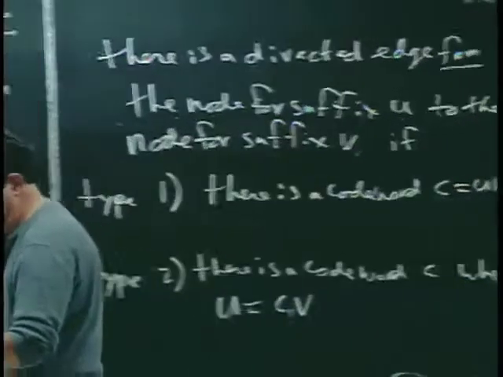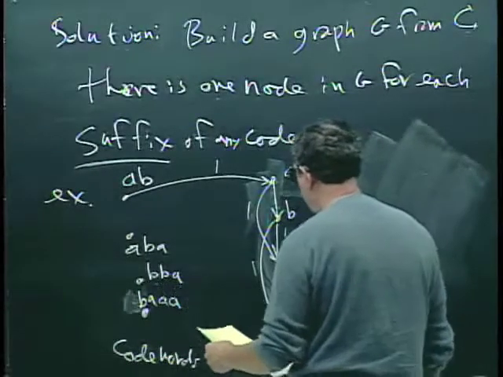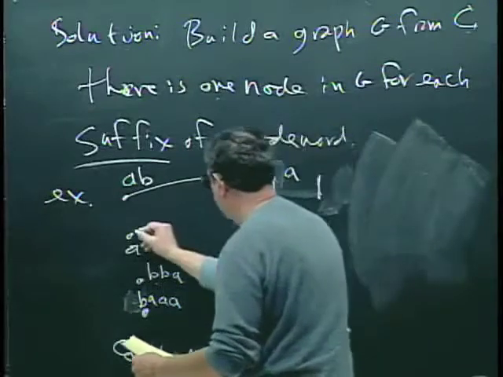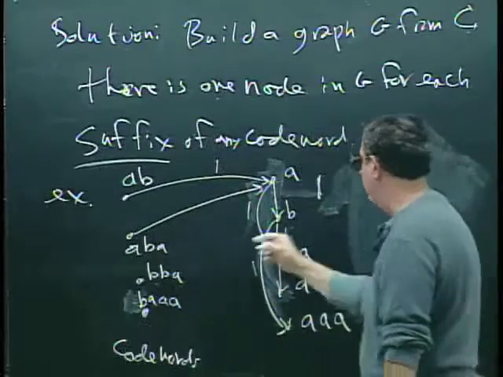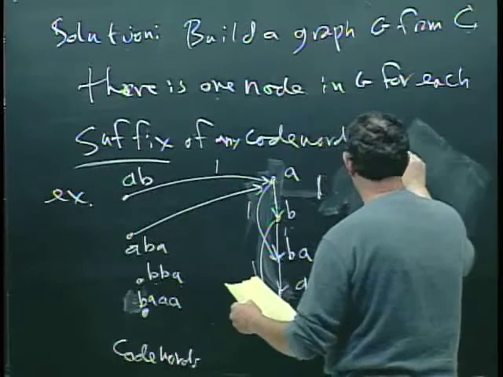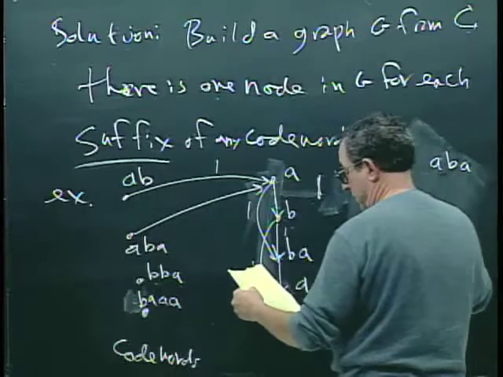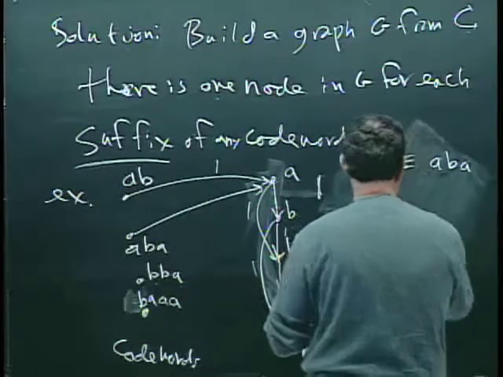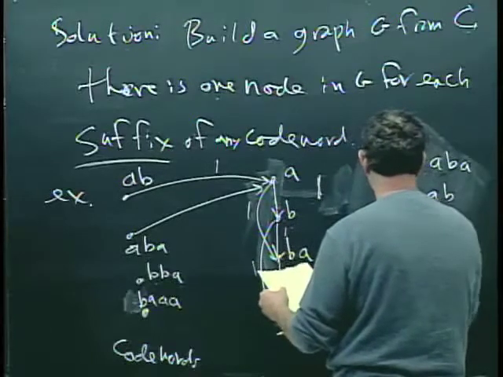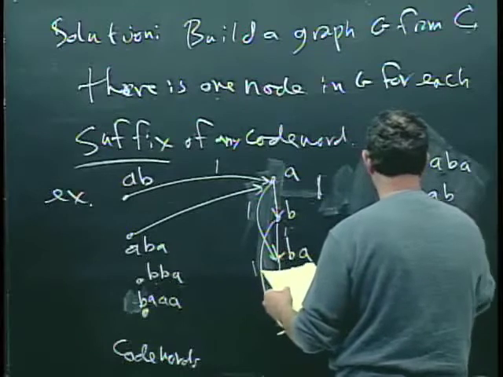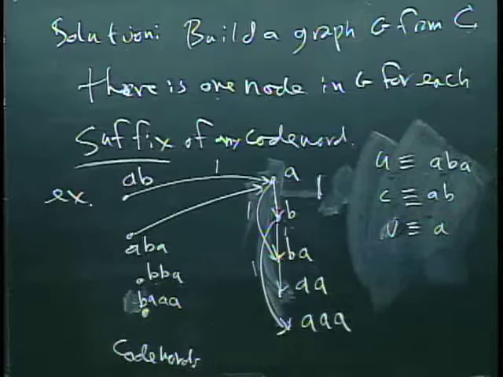So, for example, this one, if we have u is going to be ABA, and we're going to have C equal AB, and V is A. So does that fit this rule?